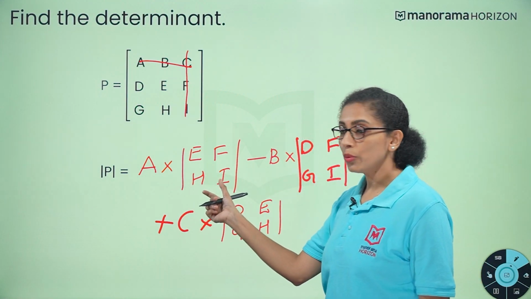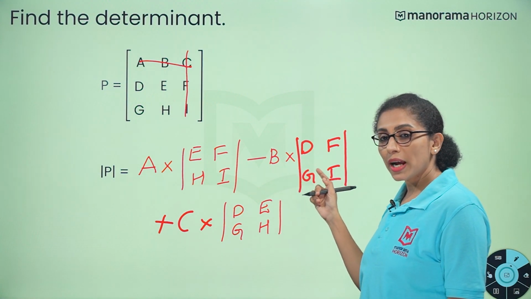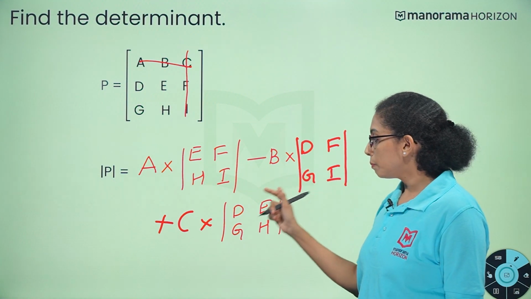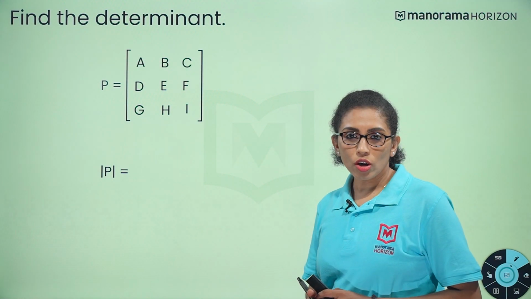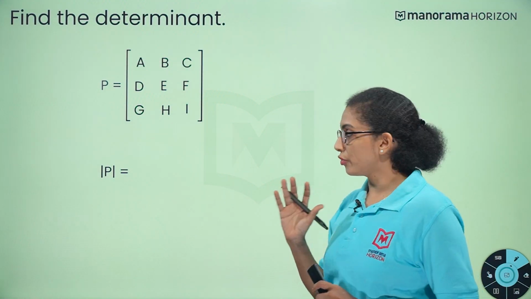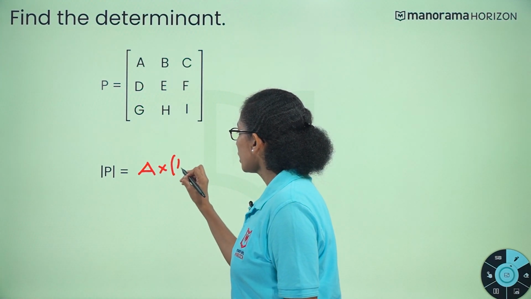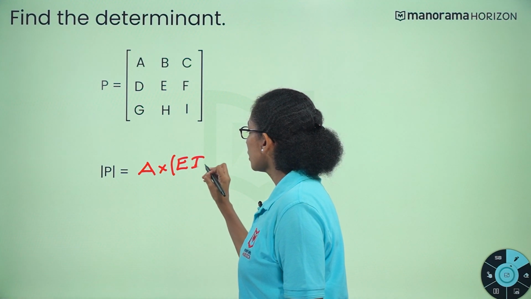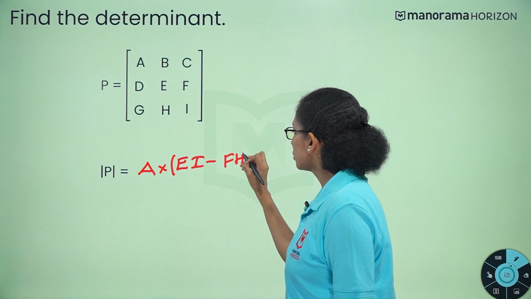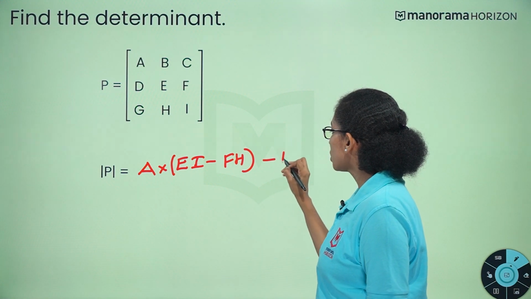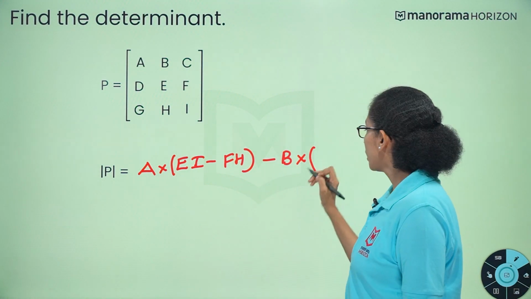This is a method for finding the determinant of a 3x3 matrix. A multiplied with this determinant minus B multiplied with this determinant plus C multiplied with this determinant. On solving all second order determinants, we get A into EI minus F into H, minus B into, what is inside?